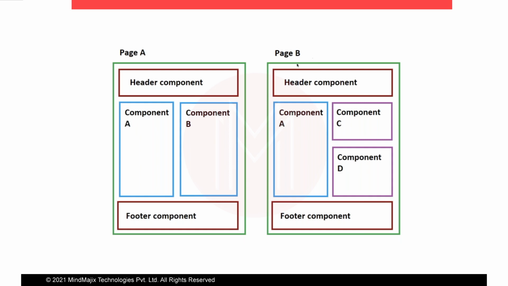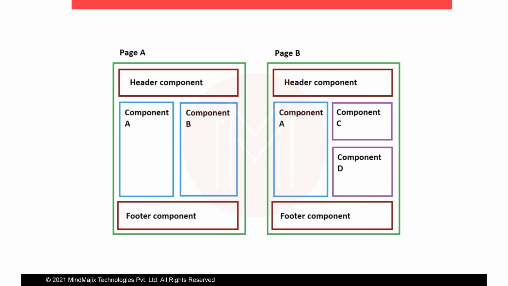Whenever I go from A to B, the header component and footer component won't be re-rendered again. They will stay in the same position, constant. Component A also won't change anything. Only the elements in this position, the tags which we have written in this position, will get altered with component C and D.